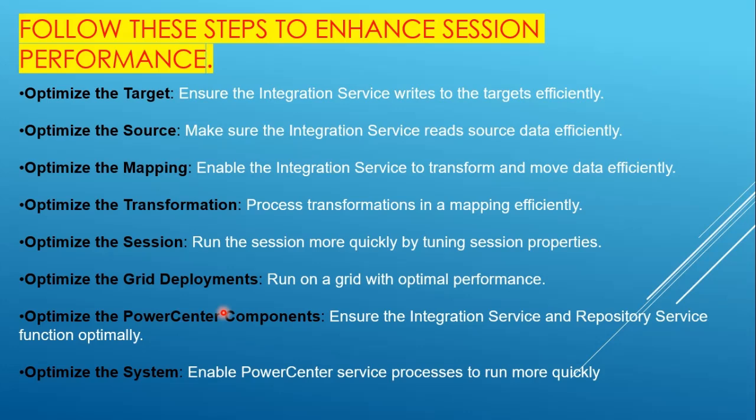That's why this component comes last. Now optimize the system. Optimizing the system means you need to check your system performance so that your processes run more quickly. If your system is taking more time, then you need to check what the actual requirement of your server is and fix that level as well.